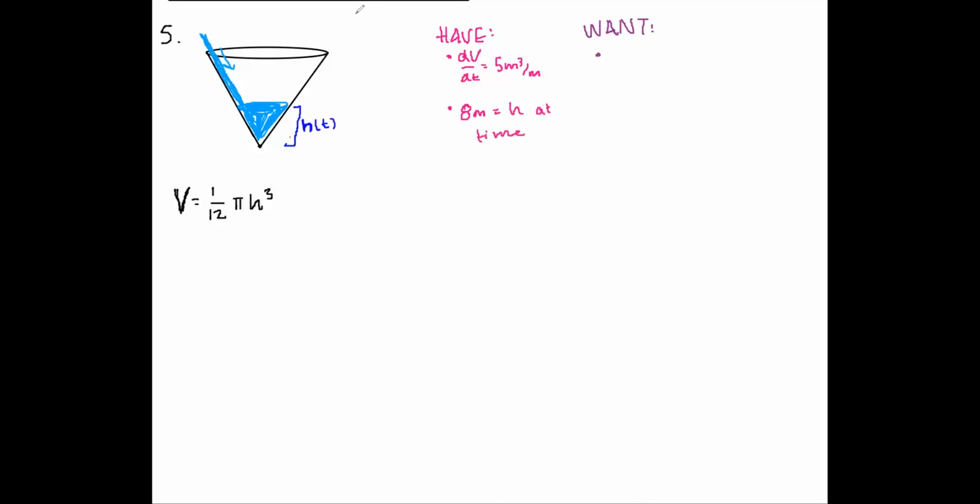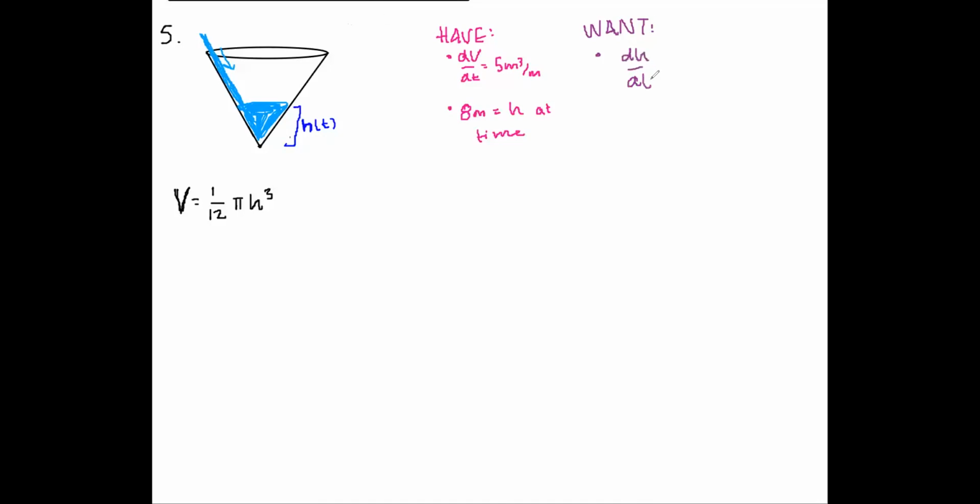So then what do I want? What is my goal out of this? So they want us to find, okay, so what rate? dh/dt.